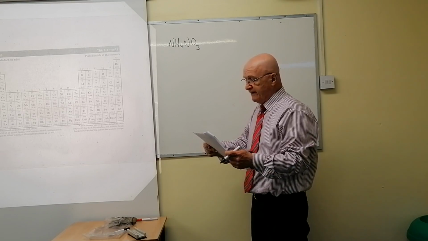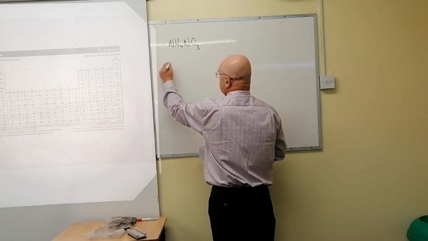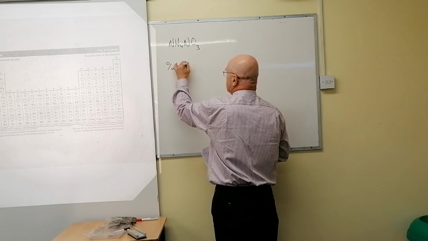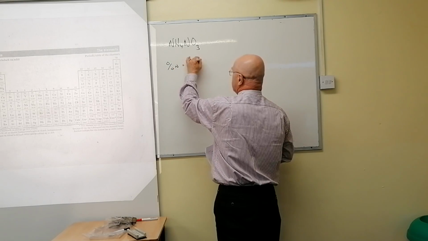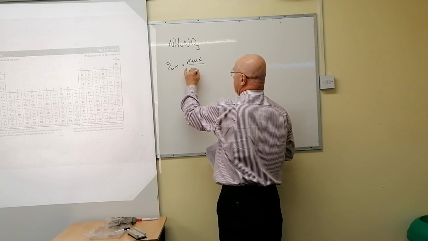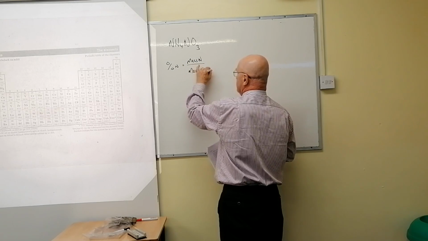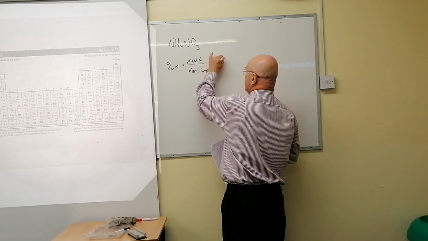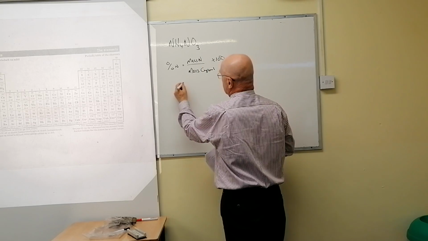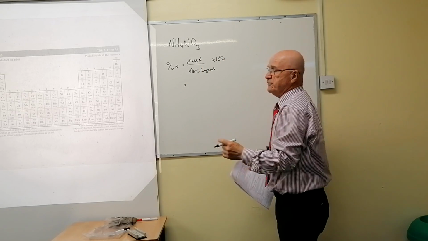The percentage by mass of nitrogen: the percentage nitrogen is equal to the mass of nitrogen over the mass of the compound multiplied by 100. Okay, now be careful, won't you? The mass of nitrogen is 14.